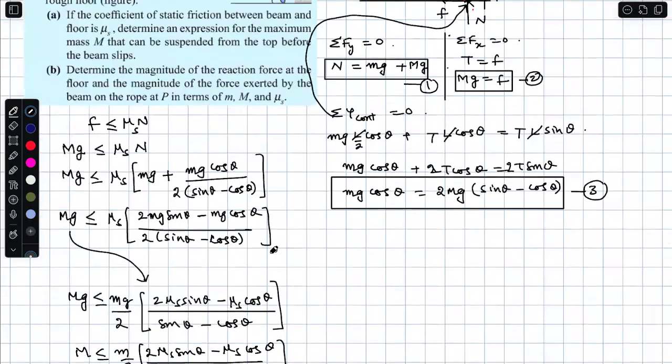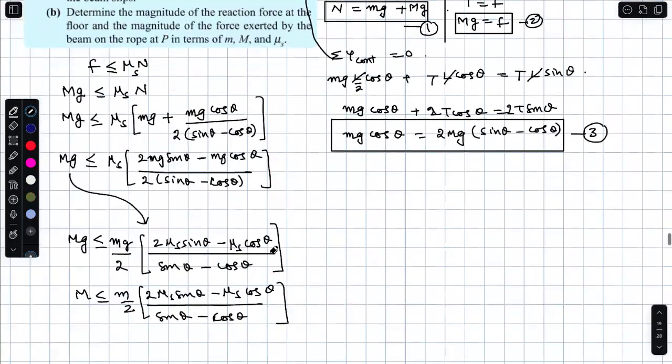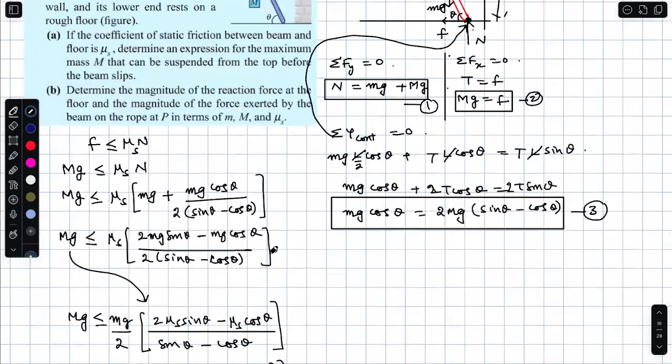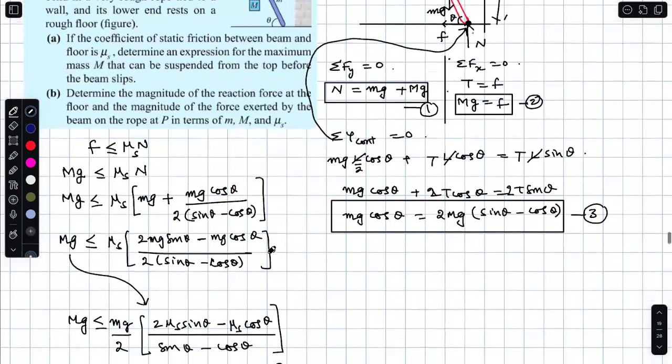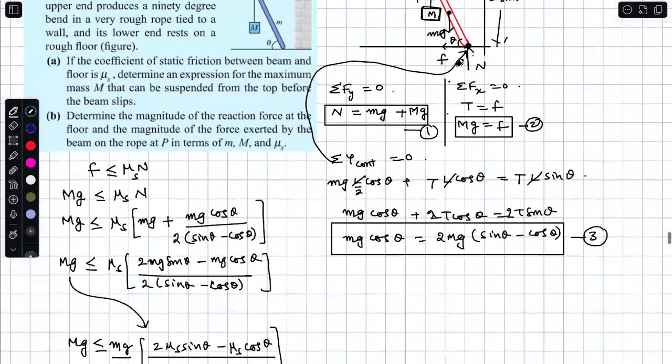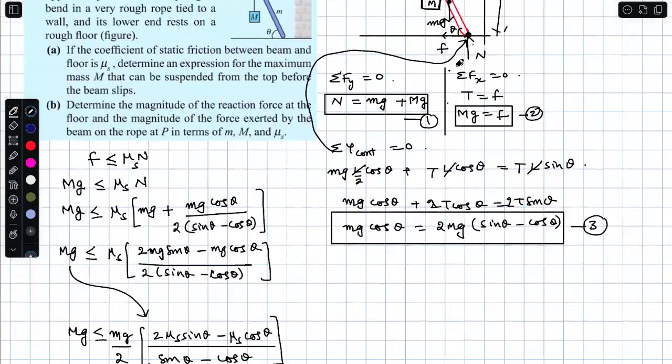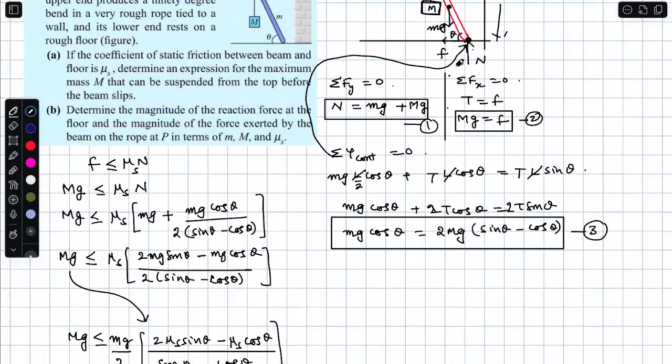What else we have? That's what I can do with. It's a very good question actually, a really very good question. Because in the mg cos theta, weight of the rod, 2T cos theta, T refers to capital Mg.